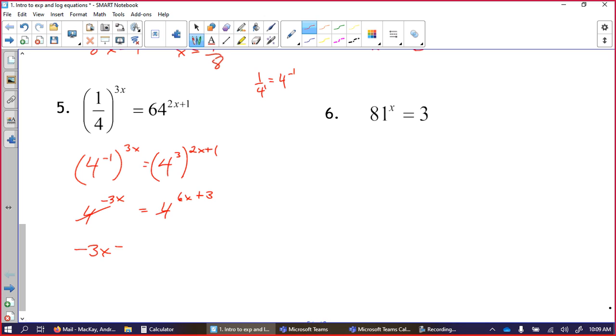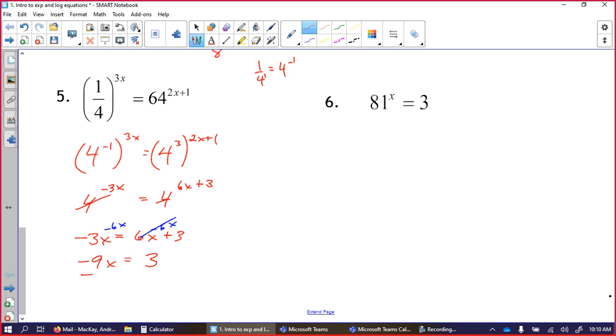Negative 3x equals 6x plus 3. The old Madame Hayes, numbers on one side, letters on the other. Let's for fun, just because, leave the 3 there, so subtract 6x, subtract 6x. Negative 9x equals 3. Divide by negative 9. x is negative 1/3.